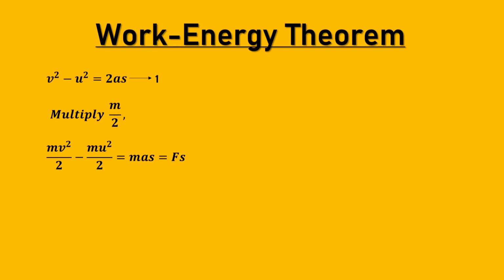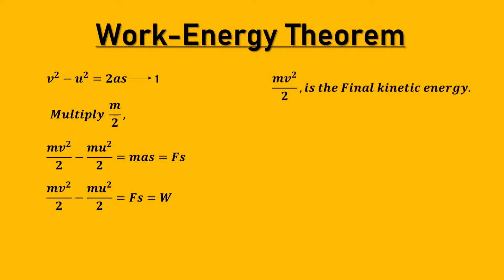According to Newton's second law, we know that F equals ma. So if we substitute F in place of ma, we will get mas equals Fs. And from the definition, work done is nothing but force into displacement, so we can write Fs equals W. Since in the first term we have final velocity and in the second term we have initial velocity, we can call the first term the final kinetic energy and the second term the initial kinetic energy.